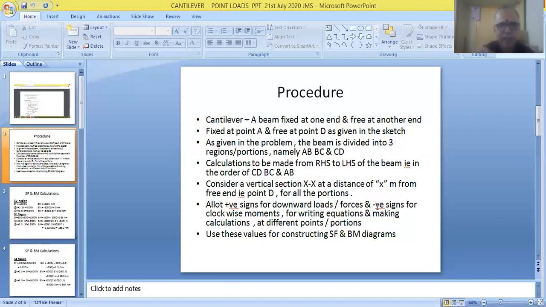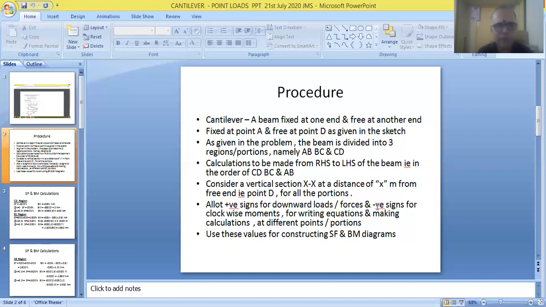So please allocate negative signs for all the moments. Only downward forces are acting, and movements are taking place only in clockwise direction as a result.